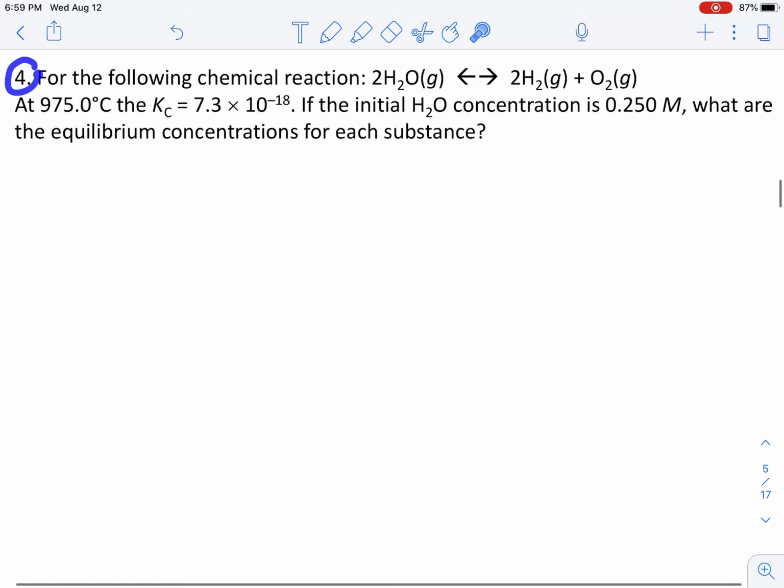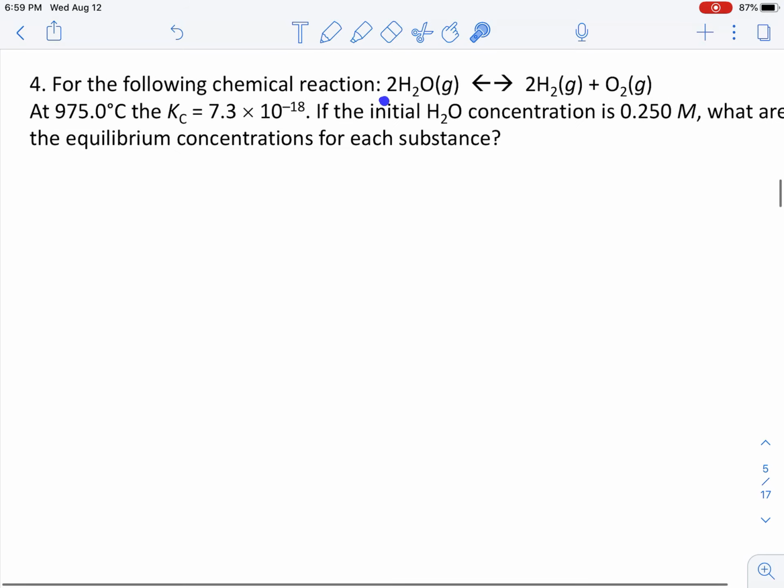So for example number 4, we have another chemical reaction in which 2 moles of water vapor is going to decompose in the forward direction to produce 2 moles of hydrogen gas and 1 mole of oxygen gas.